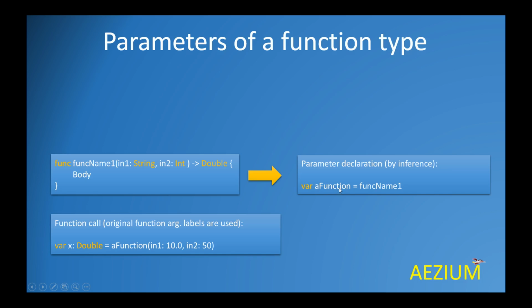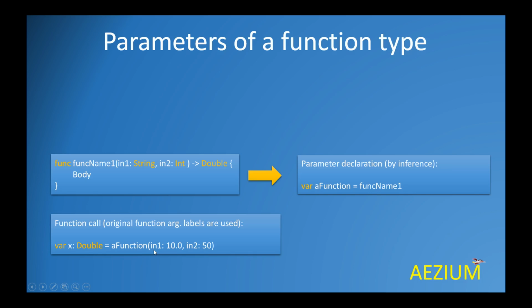Once a parameter is declared as a function, we can call it in a similar fashion. Here, for instance, a function is declared to be of a function type. Then we could call this parameter, because it is a function, in this fashion.